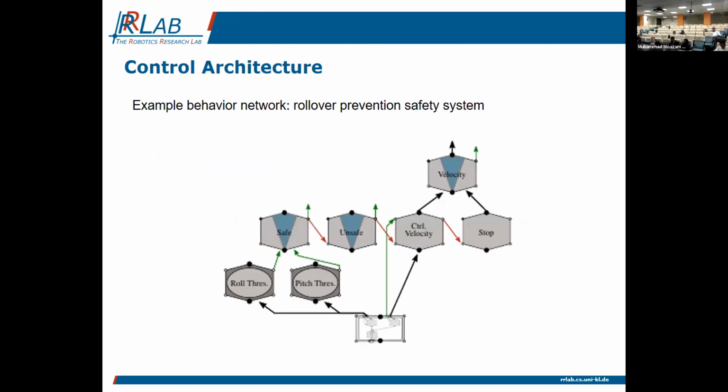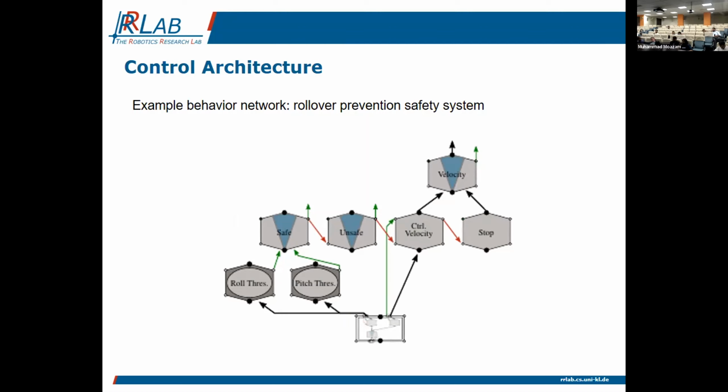And this example is the behavior network for the rollover prevention. So we start in an unsafe mode where the robot is not allowed to drive, because the default setup is that we have not met the requirements, which is to be within the pitch and roll threshold.